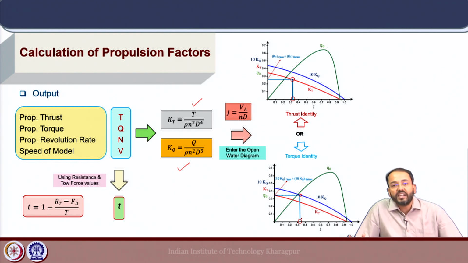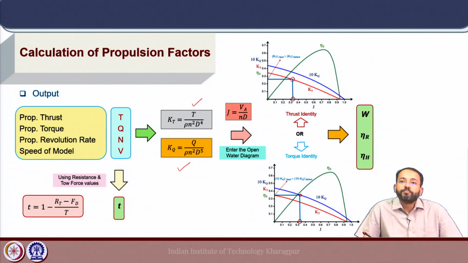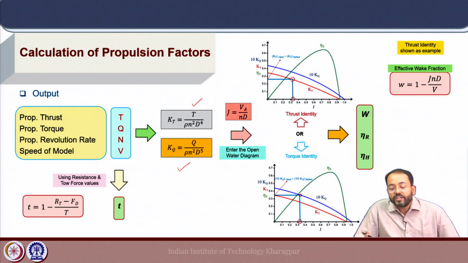And as we have seen earlier, the values obtained for J and N are slightly different when we use thrust and torque identities. Now, a simple example is shown here. Using thrust identity, we can calculate the wake fraction first.